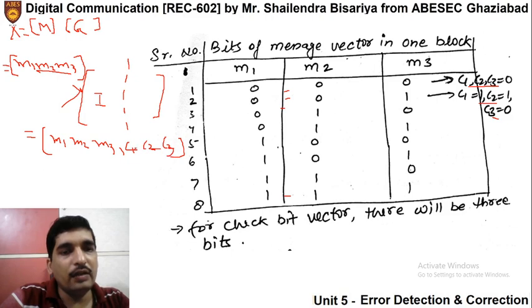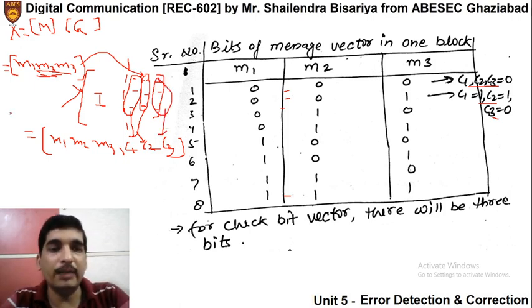For that we should multiply M1, M2, M3 with the parity bits written here. We have already discussed mathematically that M1, M2, M3 multiplied with the first column will give us the value of C1. M1, M2, M3 multiplied with the second column will give us C2. And M1, M2, M3 multiplied with the third column will give us C3.